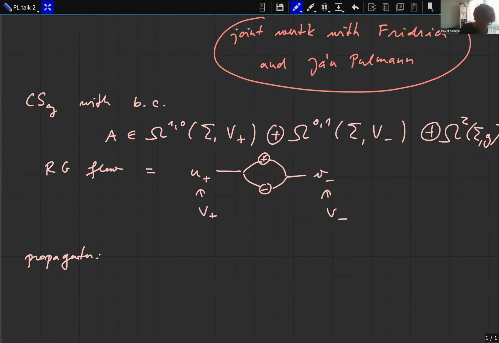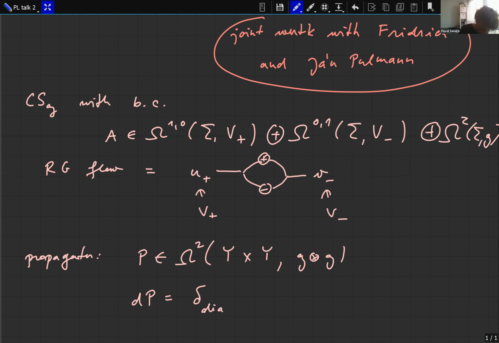Let's call it P. It's a two-form on Y times Y, where Y is our three-dimensional manifold, with a singularity on the diagonal, with values in G tensor G, and such that dP is the delta function of the diagonal, like a de Rham current, times T, by which I mean the element in G tensor G which corresponds to the inner product.